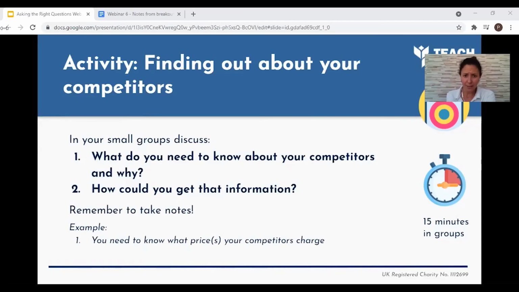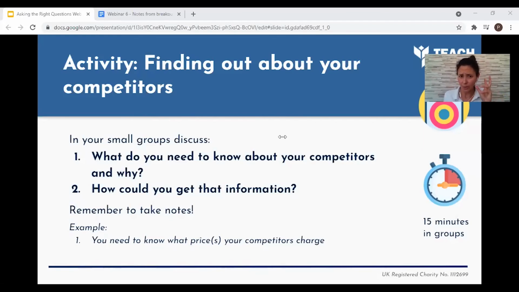So you can find out what your competitors charge by visiting their shops, for example, and looking at the prices, or going on their website if they have one. So if you would like to find out about the price your competitors are charging for a similar product or service that you'll be selling, you can either go online or visit their shop and browse around to check their prices. That was just an example.